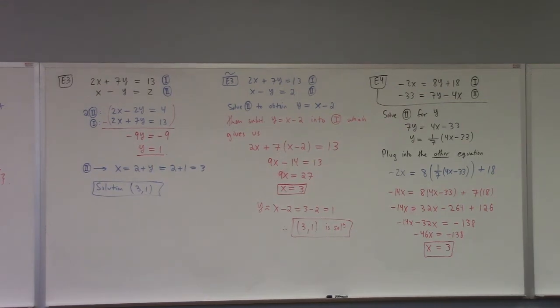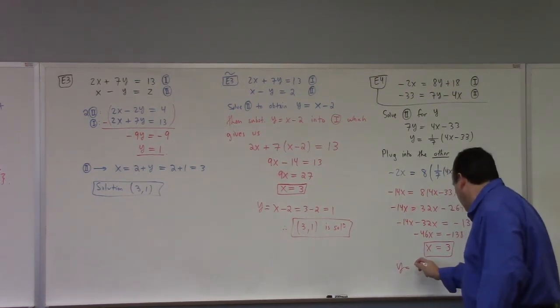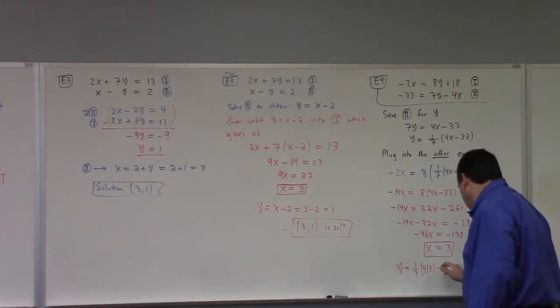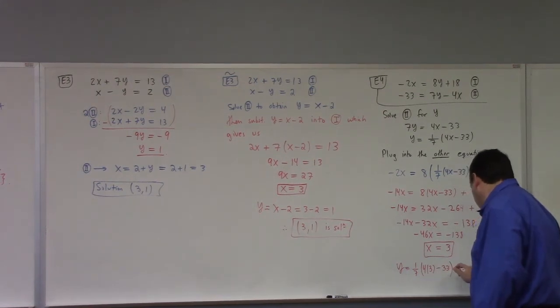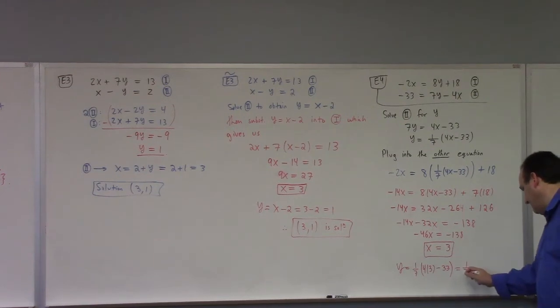Yeah? 3. And what's y equal to? 1/7 of 4 times 3 minus 33, which is what? That's 1/7 of 12 minus, what's 12 minus 33?